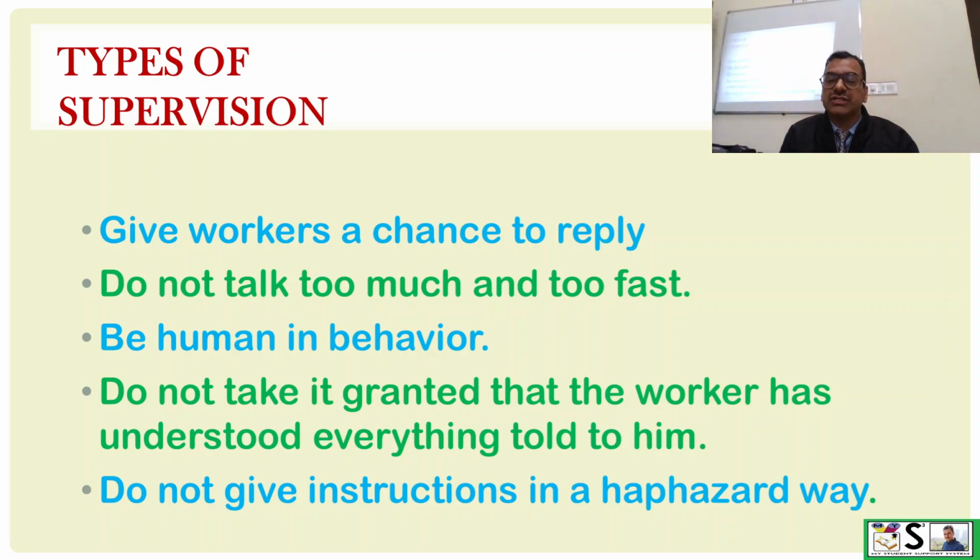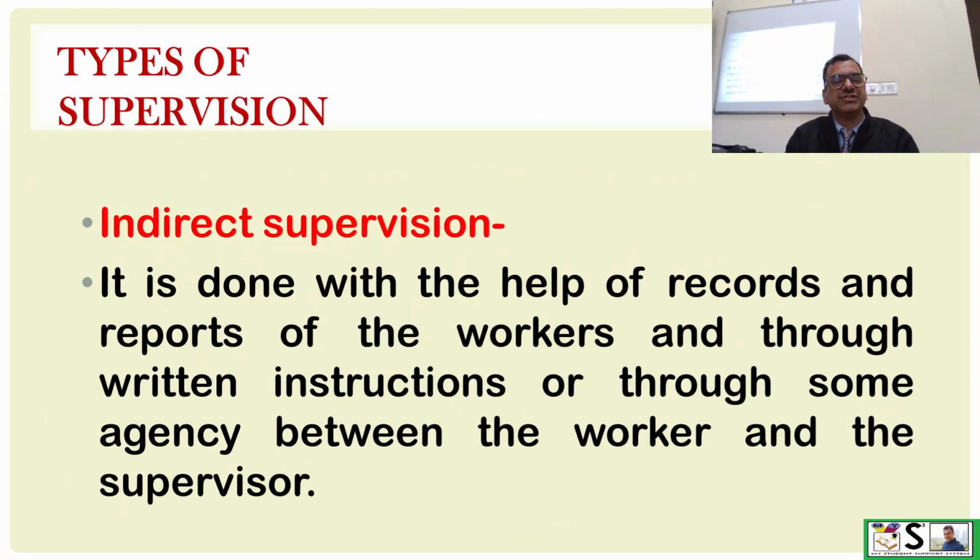Do not give instructions in a haphazard way. Every instruction should be very clear, point to point, so that they can understand properly. Clear? So keep in mind that when you are supervising, you also have some responsibilities, and accordingly you have to do activities.